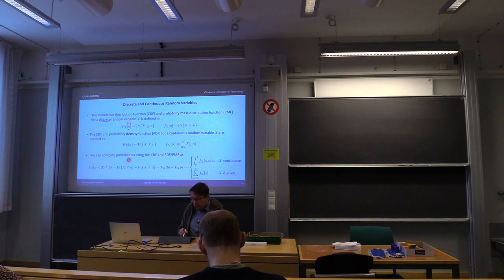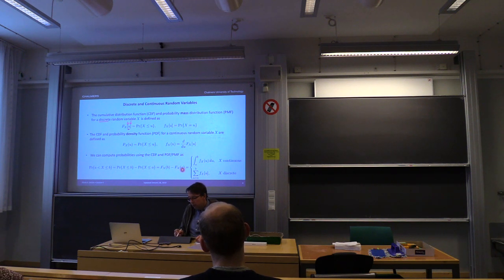Okay, and then we can compute probabilities using CDFs and PDFs or PMFs as follows. If I'm interested in the probability that the random variable is between a and b, I can use the CDF by splitting this probability into two probabilities. It's the probability that x is less than b minus the probability that x is less than a.